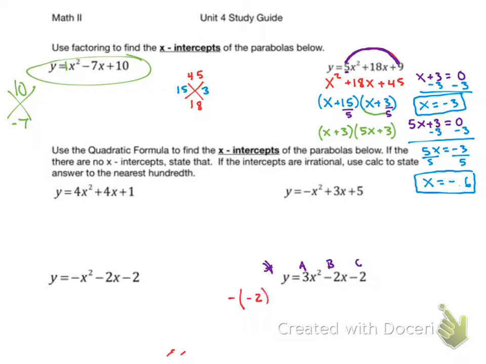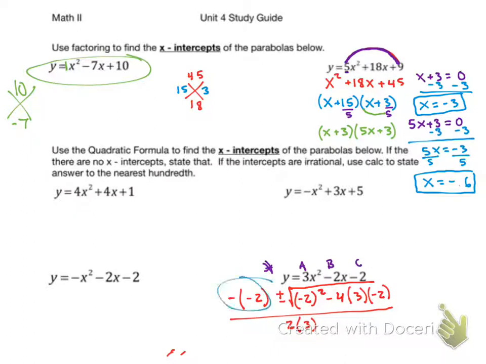So negative times negative 2 plus or minus B squared, which is negative 2 squared, minus 4 times A times C, all divided by 2A.